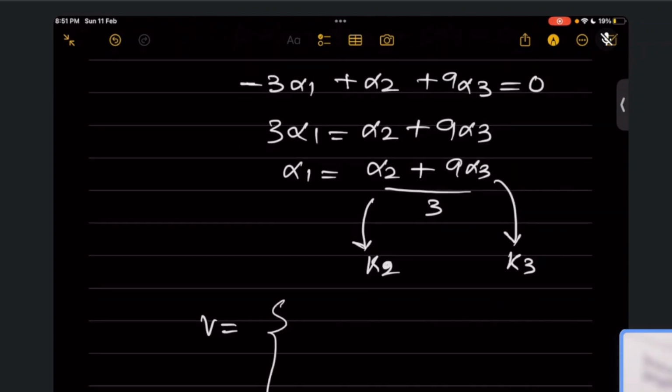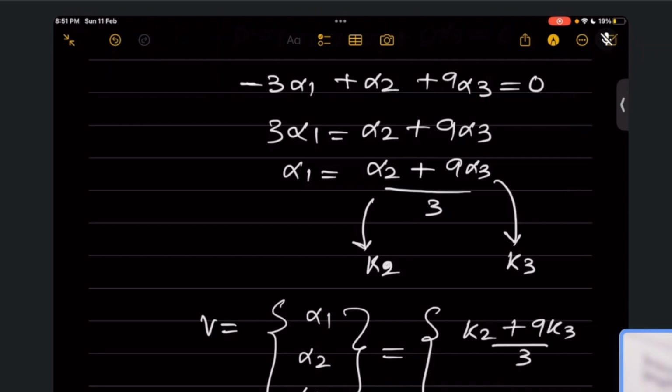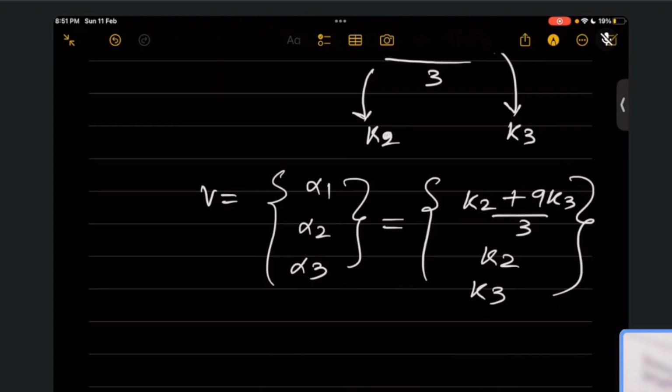Vector v is going to be alpha 1, then alpha 2, then alpha 3. Alpha 1 is K2 plus 9 K3 divided by 3, then alpha 2 is K2 and alpha 3 is K3. Understood? Is it clear?